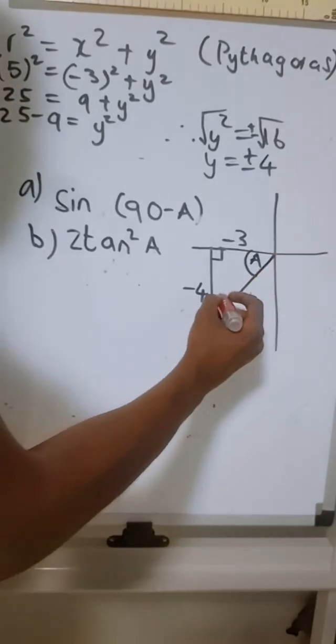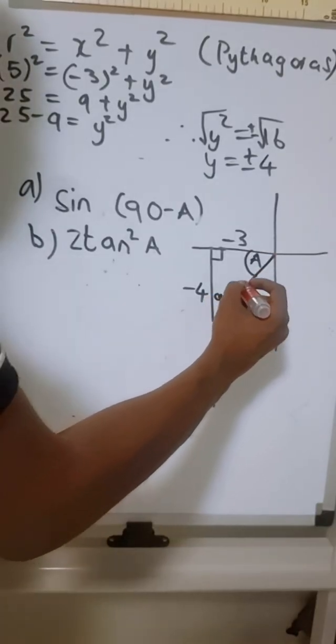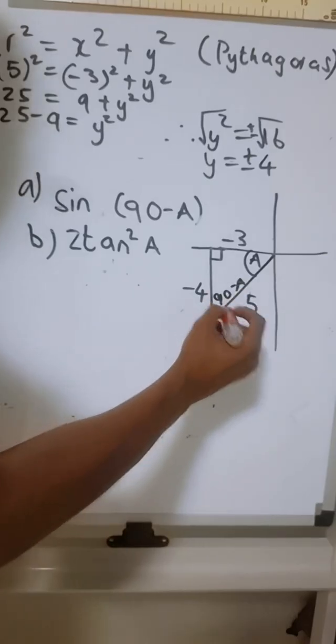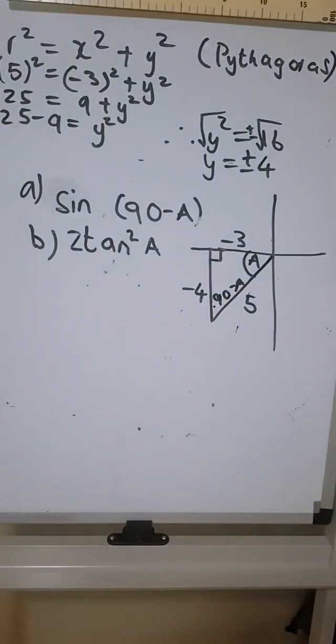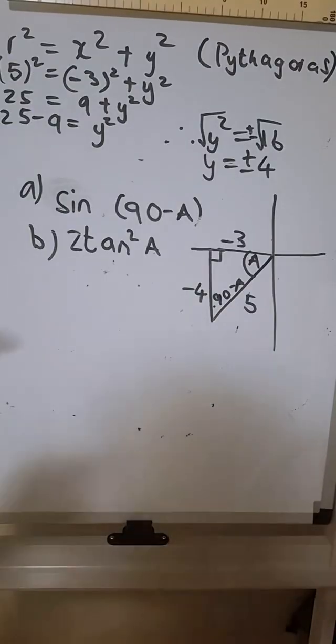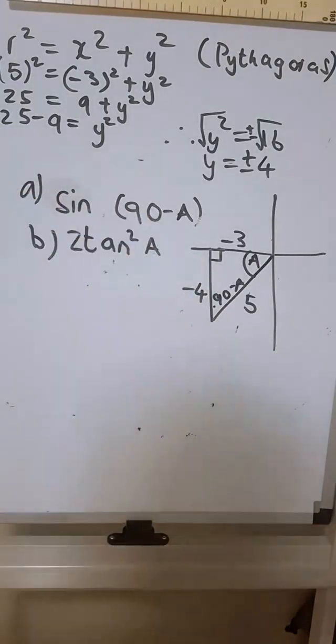My acute angle A, 90 minus A, this angle. So now, using this diagram, I'm going to find sine of 90 minus A.